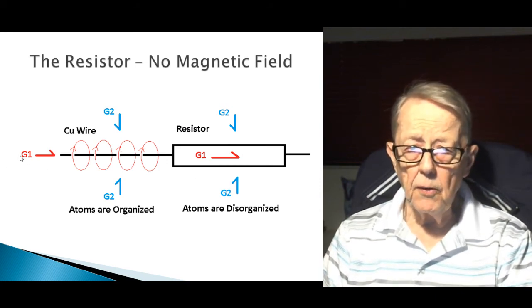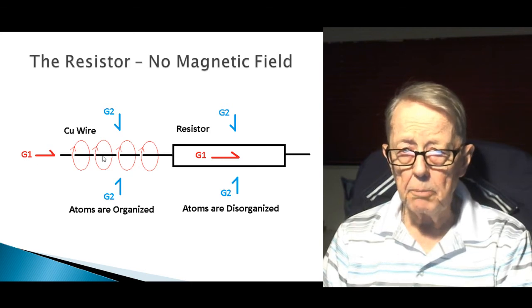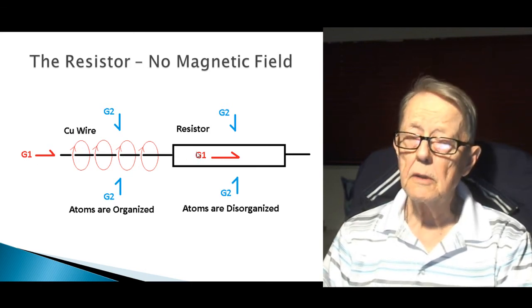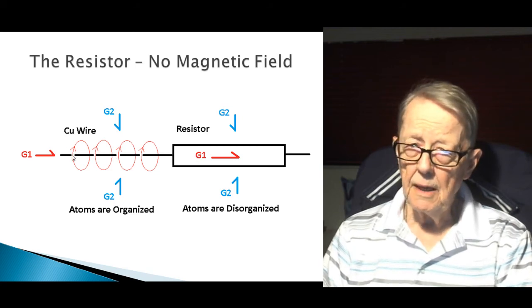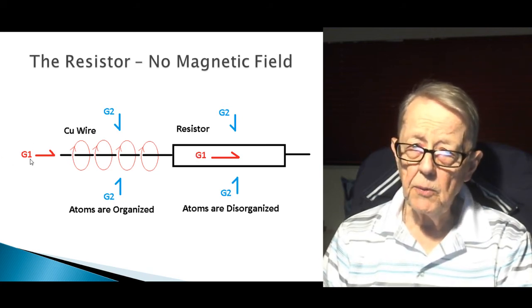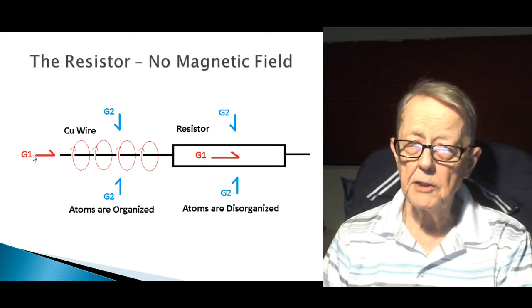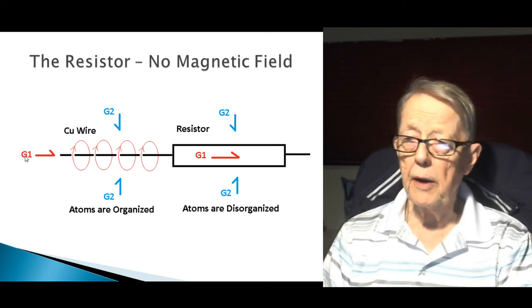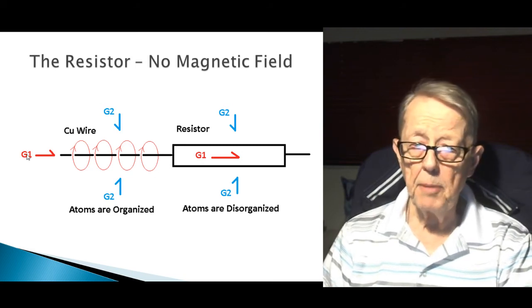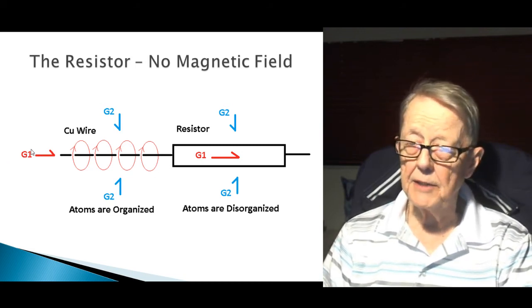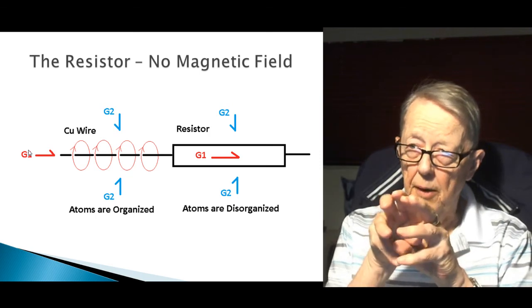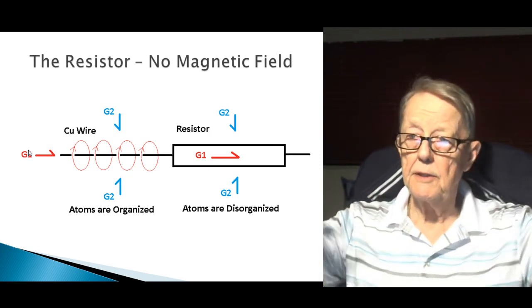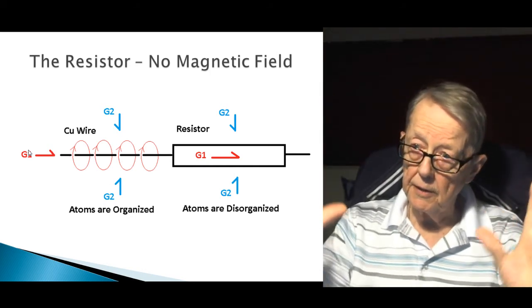And even though these G1 particles are pushing on the copper wire and pushing on the resistor, the organization of the G1s in this case is much different. This is like a stream of water going through a high powered water hose. It's organized as a solid mass of G1 particles just plowing its way through the circuit, whereas the G2 force field is the other way around.